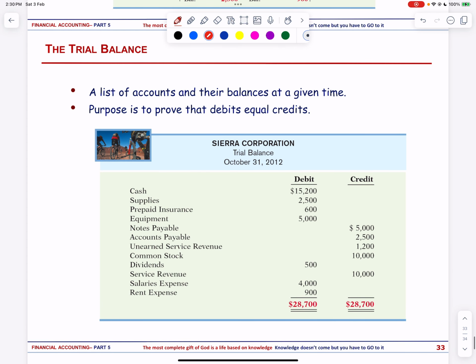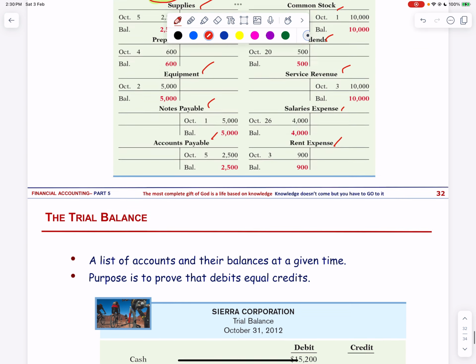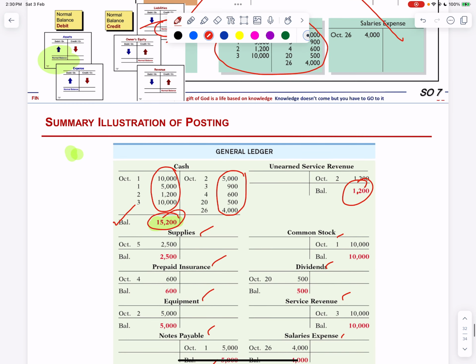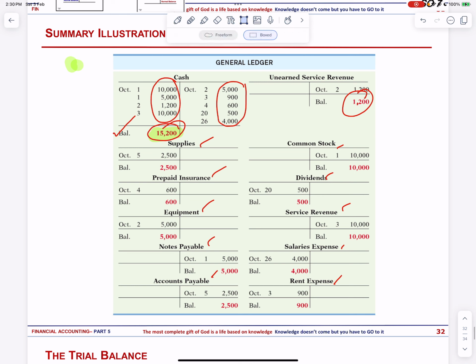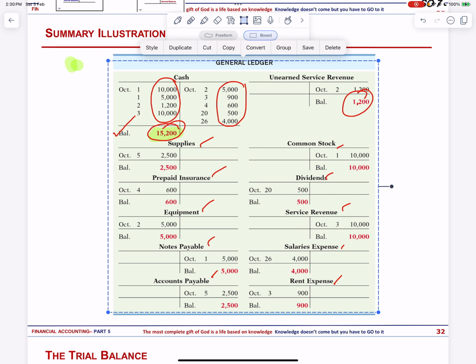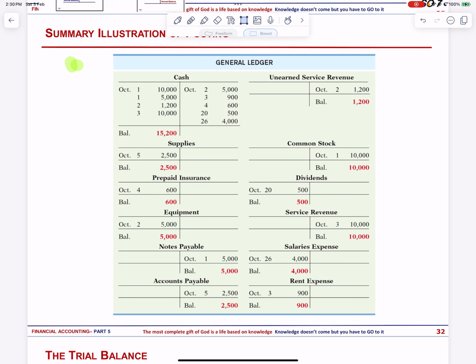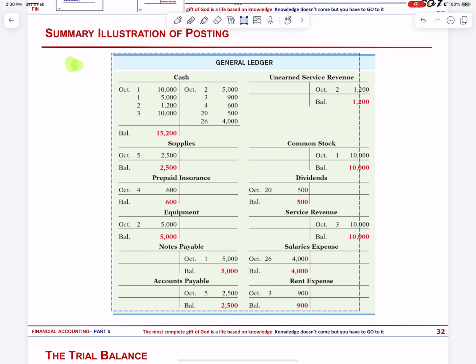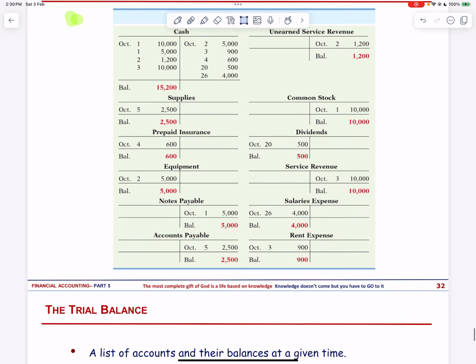Okay. Then you can see that that is how we have the trial balance over here. And trial balance means we take the balances from the ledger. We simply take the balances.